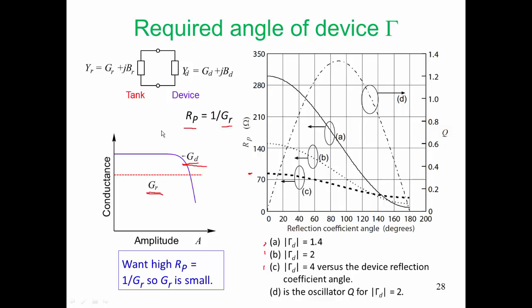So for oscillation, we want a high RP, so GR must be small, which means that we have to be in that region. So that is the reflection coefficient of the active device. We would like the reflection coefficient of our active device to be somewhere between 0 and 40 or 50. We want to be in this region here. That means that we want gamma R to be between 0 and minus 60 degrees. That's the same as saying that we want gamma R to be in that slightly capacitive region.